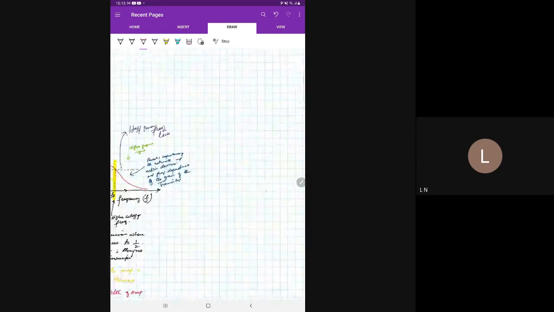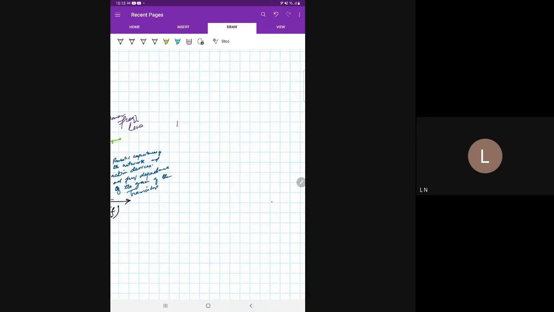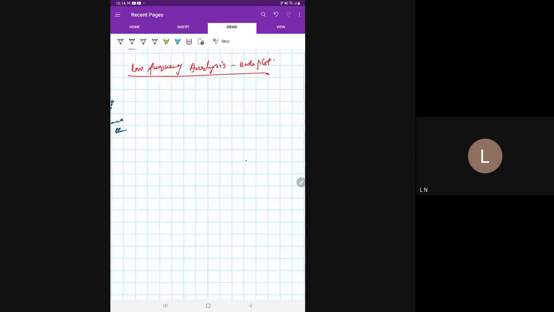Low frequency analysis, or Bode plot of an amplifier. So we had an amplifier like this.